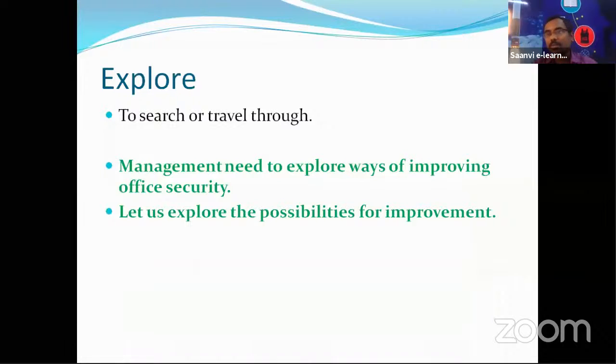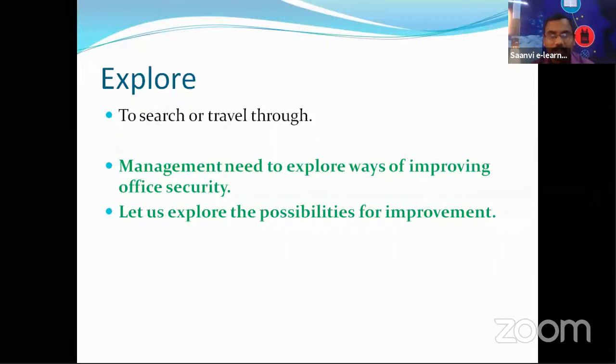The next word is explore. What do you mean by explore? Explore means to search or travel through. I have given you two example sentences here. Management need to explore ways of improving office security or ways of improving their product, whatever it may be.